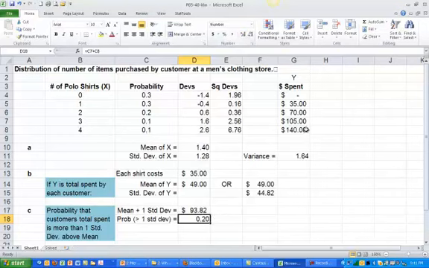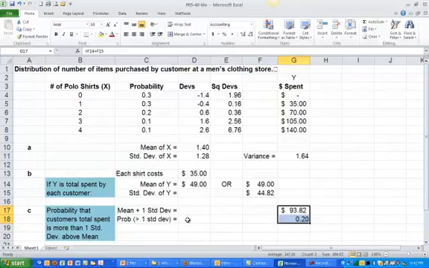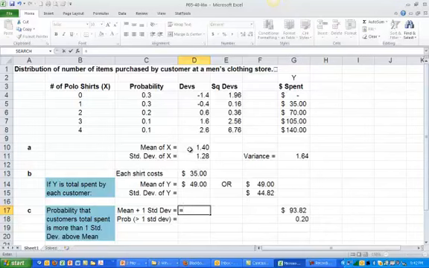It turns out, by the way, that if I recognize that one standard deviation above the mean for my dollars spent is actually going to correspond to one standard deviation above the mean on my number of polo shirts, we can actually get to this answer a different way. I'm going to take these values and drag them over here to column y. But if I were to think of my mean plus one standard deviation as being my mean of my variable x plus one standard deviation, I get a value of 2.68 shirts.